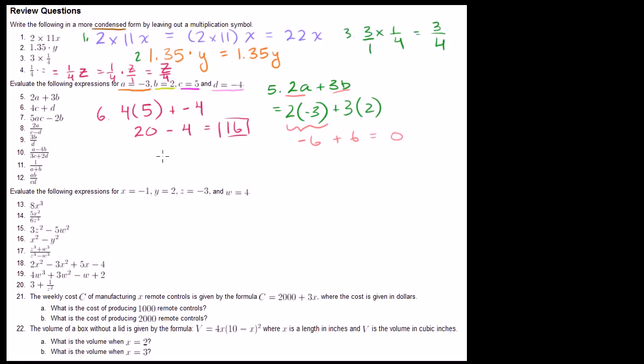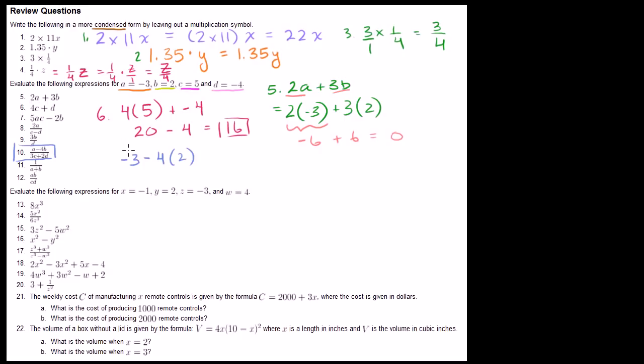Now let's do one of the harder ones down here. This problem 10 looks a little bit more daunting. So we have a minus 4b in the numerator, if you can read it. It's kind of small. A is negative 3. So we have negative 3 minus 4 times b. B is 2. So 4 times 2.